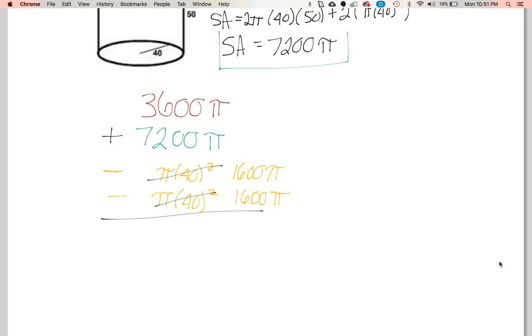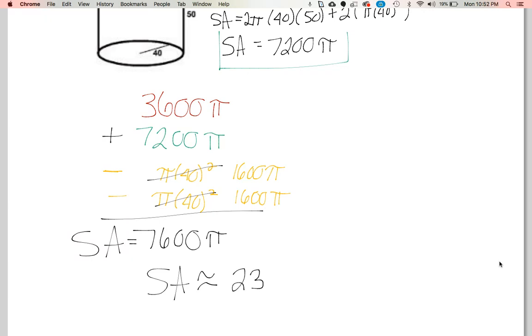So 3,600 plus 7,200 minus 1,600 minus 1,600 is 7,600 pi. Which is about 23,876 if you use the pi symbol.